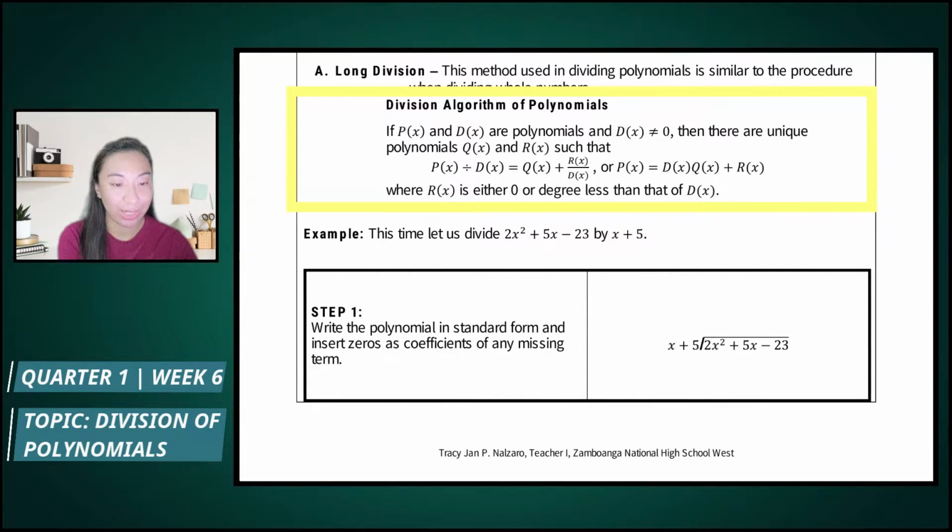Or P of x is equal to D of x times Q of x plus R of x, where R of x is either 0 or of degree less than D of x.